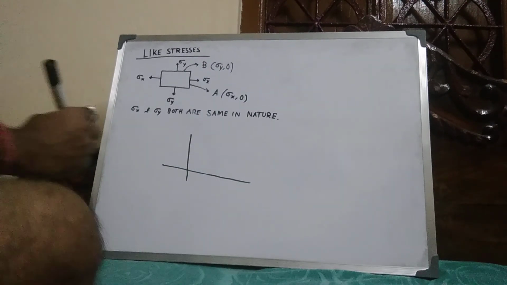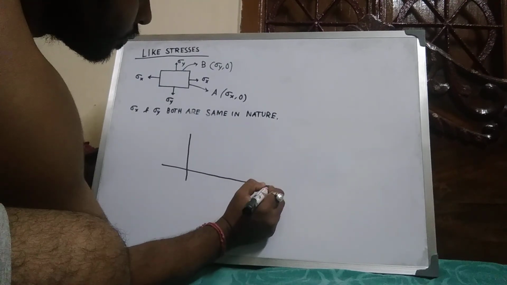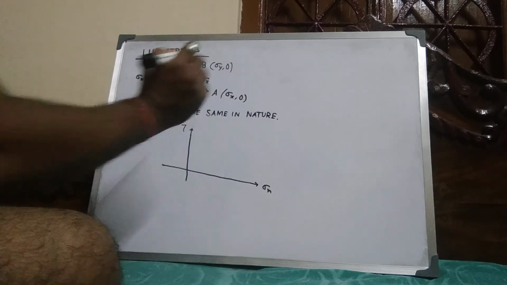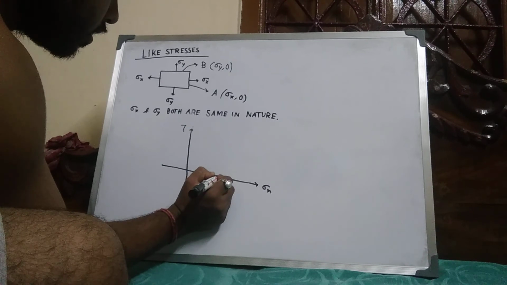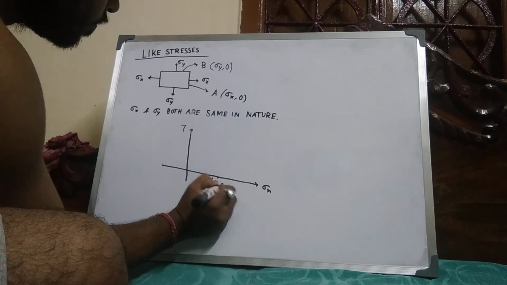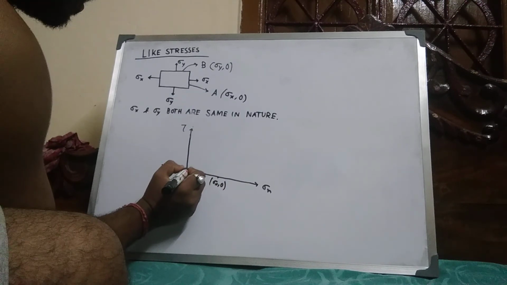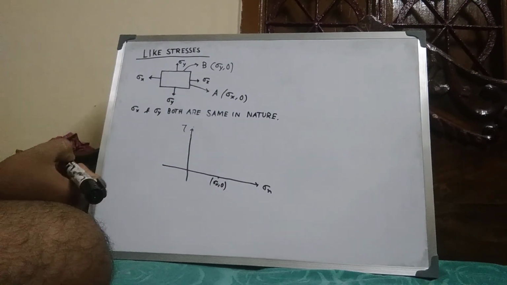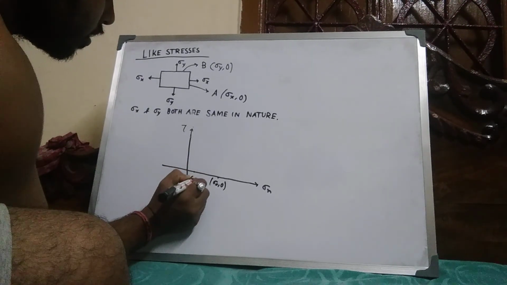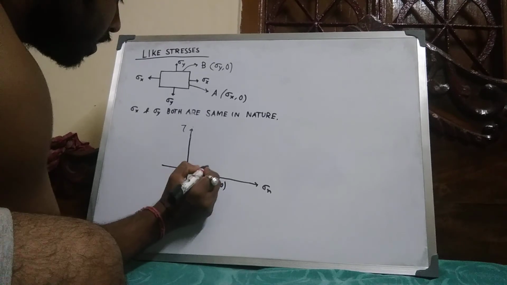First locate plane A on the sigma n and tau plane, sigma x comma 0, and plane B, sigma y comma 0.